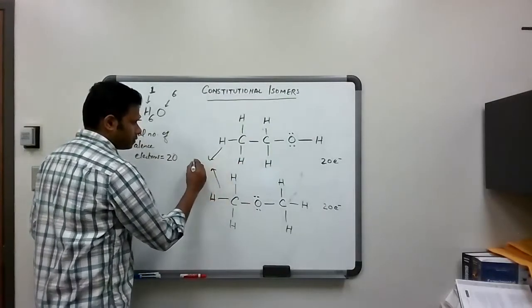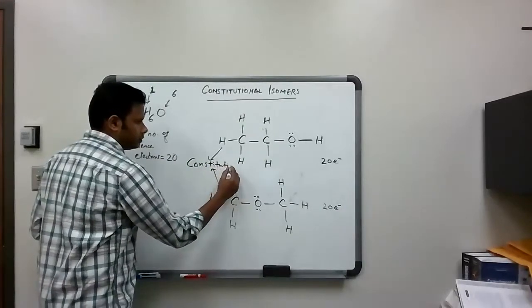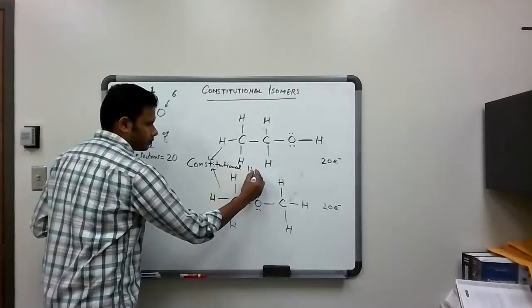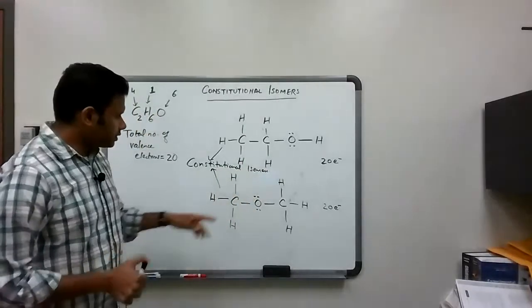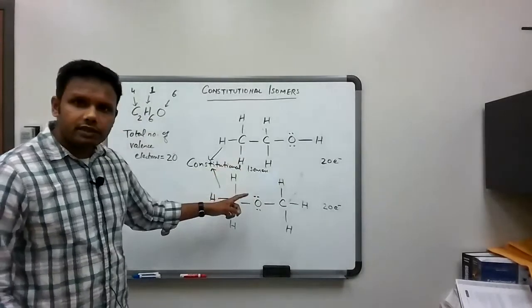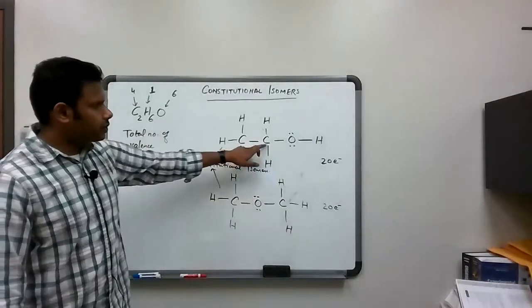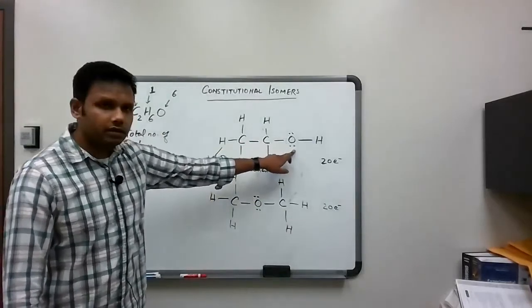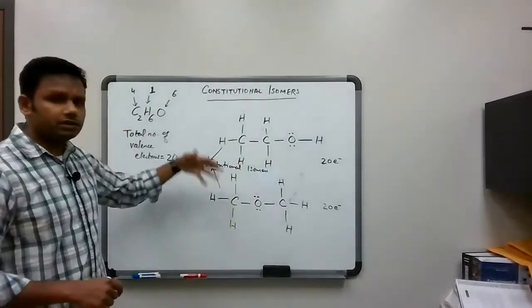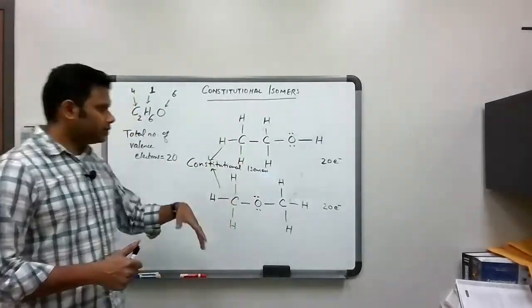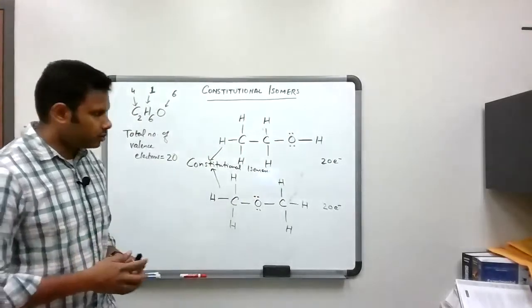So these are both now going to be constitutional isomers of each other, because as you can see, the connectivity here or the structure is clearly different. We had the 2 carbons connected to each other and then the oxygen. Here the oxygen is in between the 2 carbon atoms, so there's a difference in connectivity. So this would be another example of constitutional isomers.